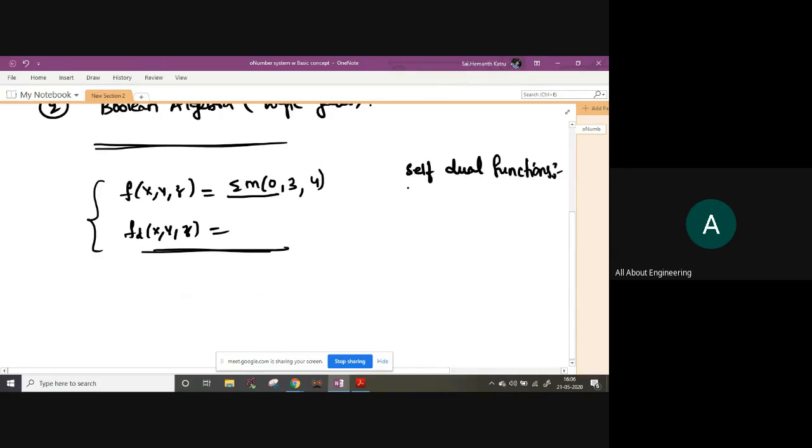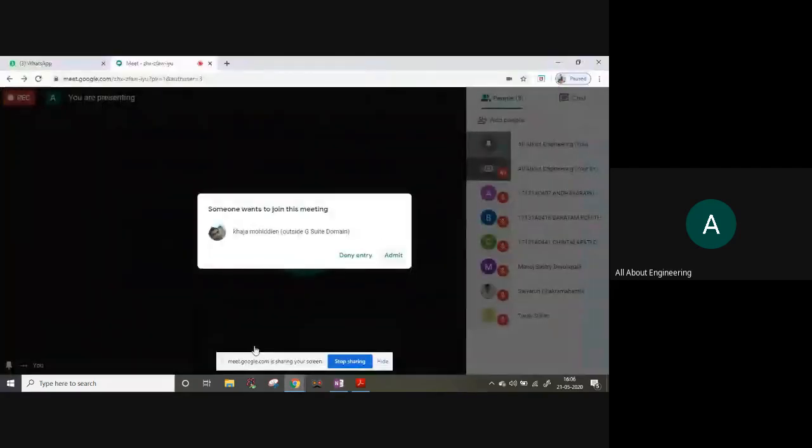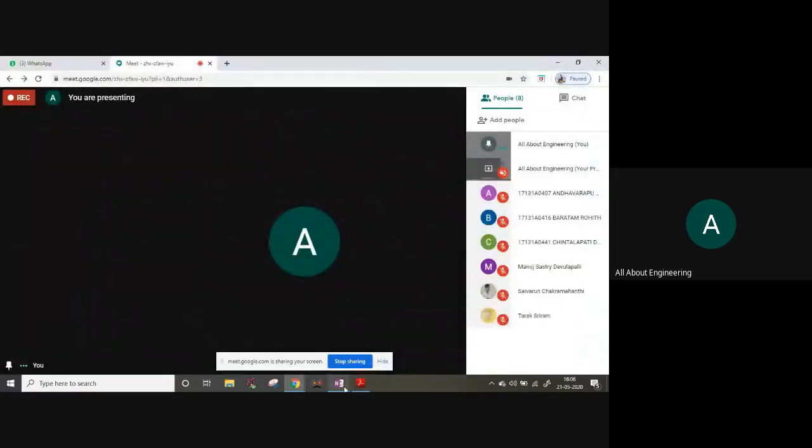The definition of a self-dual function is, if you have a function f of x, y, z, and the dual of the function is also the same, then such functions are called self-dual functions.